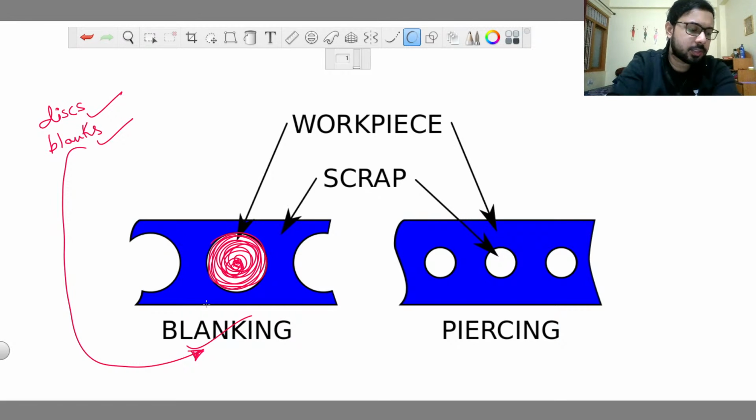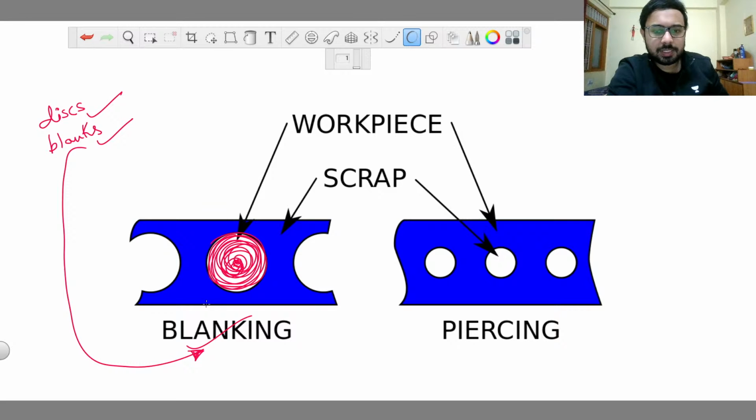You can remember piercing by the ears of females, where we generally do a piercing. There we just remove a part to put in some earrings.